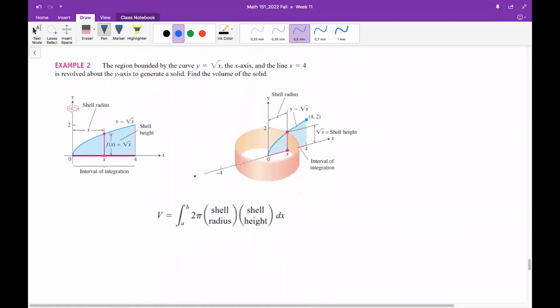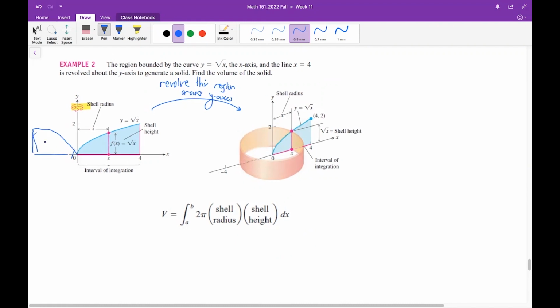So here is our first example about the shells technique. We have a region here and we are revolving this region around the y-axis. If you revolve around the y-axis, this is the axis of revolution, you will obtain some three-dimensional object like this.